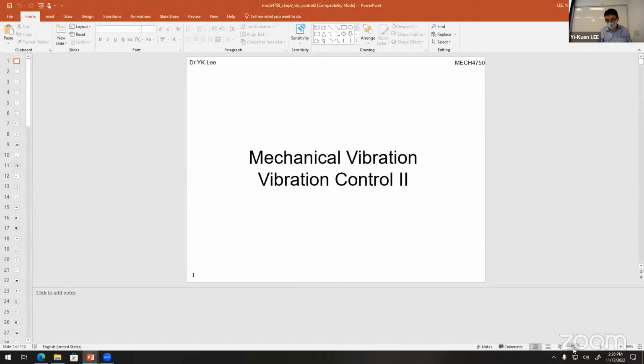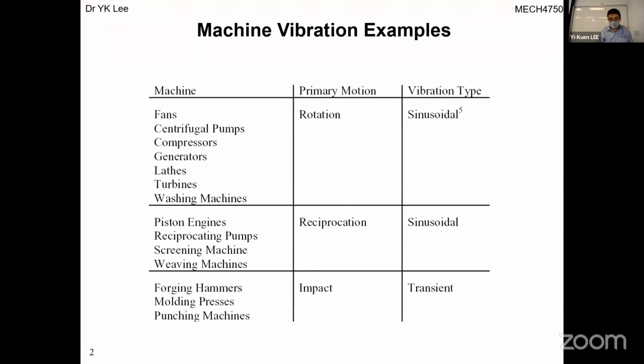Basically, I show you additional case studies of vibration engineering problems. Typically we are facing all kinds of different machines. Here is a table showing what the typical vibration is and what type of vibration.